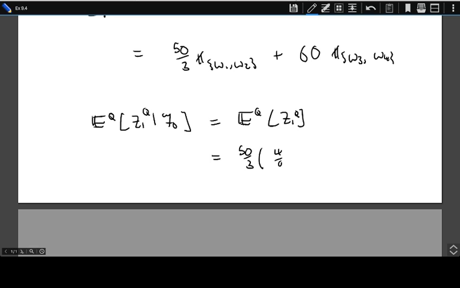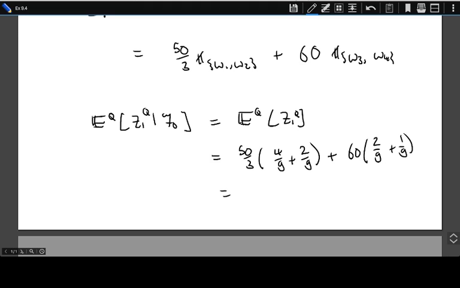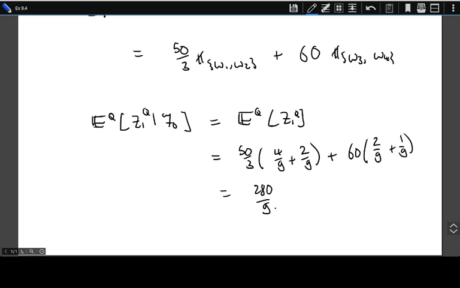This we know from our calculation in the previous exercise. We know the values of Q at all the omegas, so we can just plug them in, and the value we get is 280 over 9.